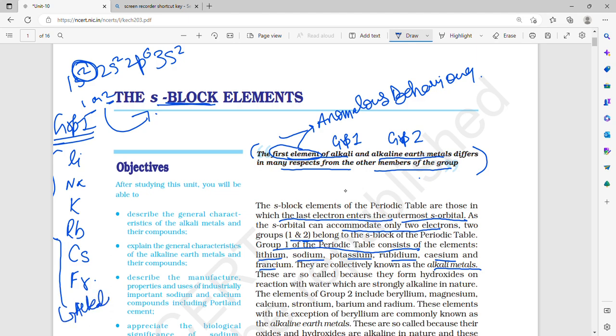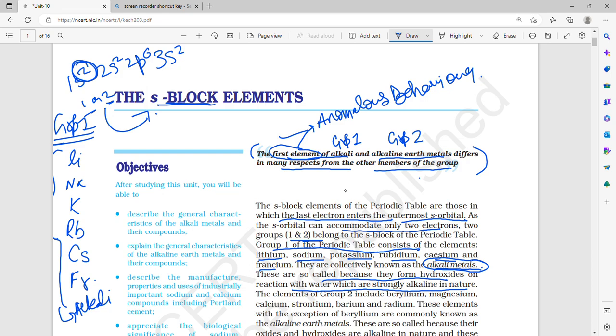Why are they called alkali metals? This is because they form hydroxides on reaction with water, which are strongly alkaline in nature. Therefore we can say that the group 1 elements are called alkali metals.